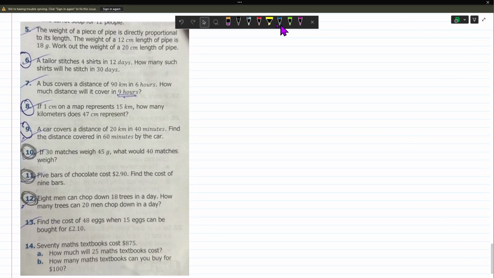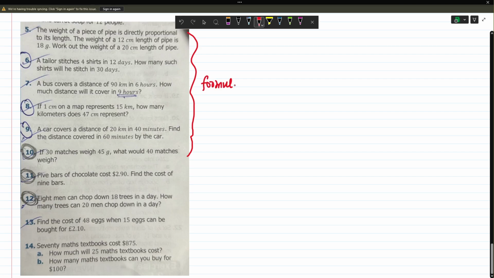I would suggest you do the first 5 to 10 using the formula, right, which has the k, and you can do from 11 to 14 you can use the ratio method, because the ratio method is fairly easy, but for the formula you do need a little practice. So my recommendation is to first use the formula, right? So you can now do these questions.